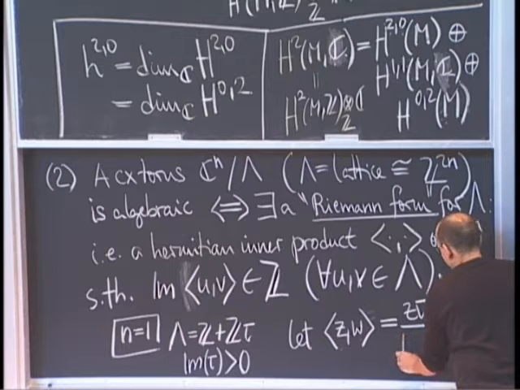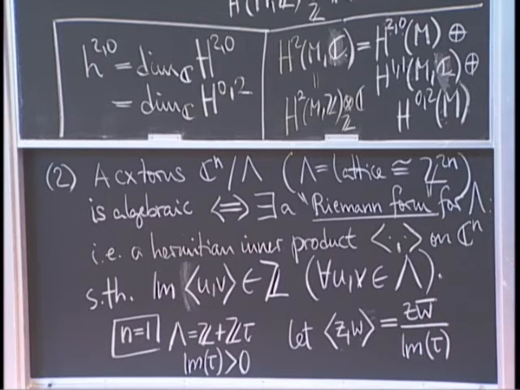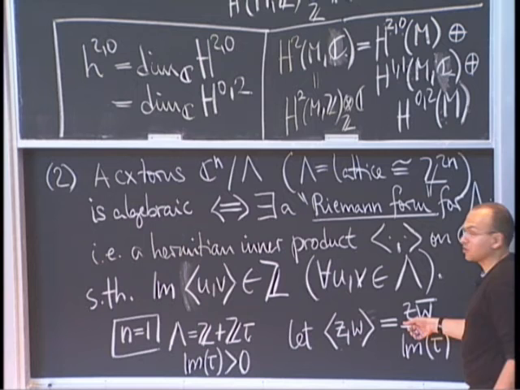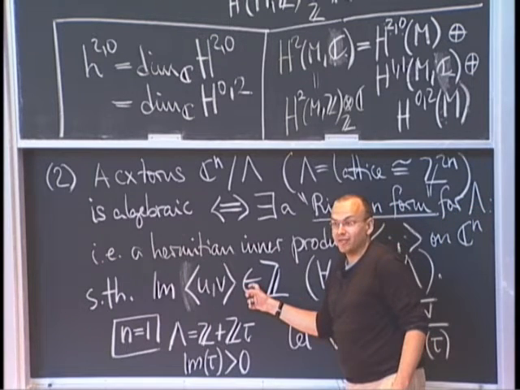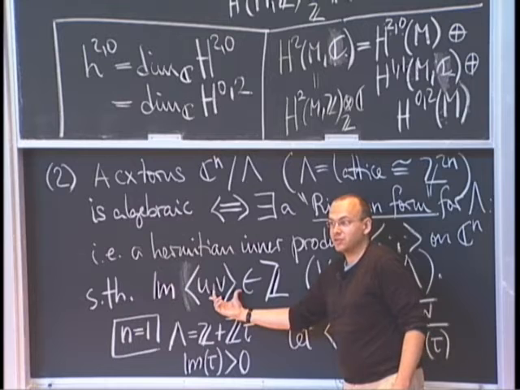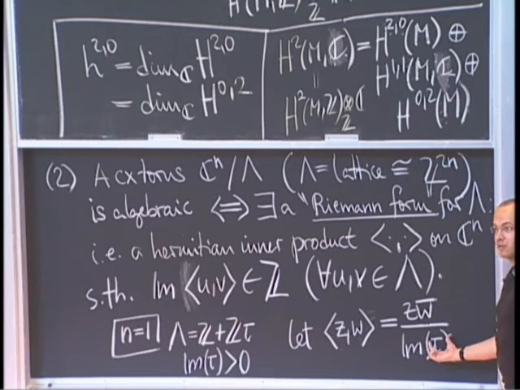And then you normalize by the right scale, so the right scale is the imaginary part of tau. And then it's an easy exercise to check that the imaginary part of this thing only takes integral values if you plug in lattice vectors, because of this normalization, you're dividing by Im tau.